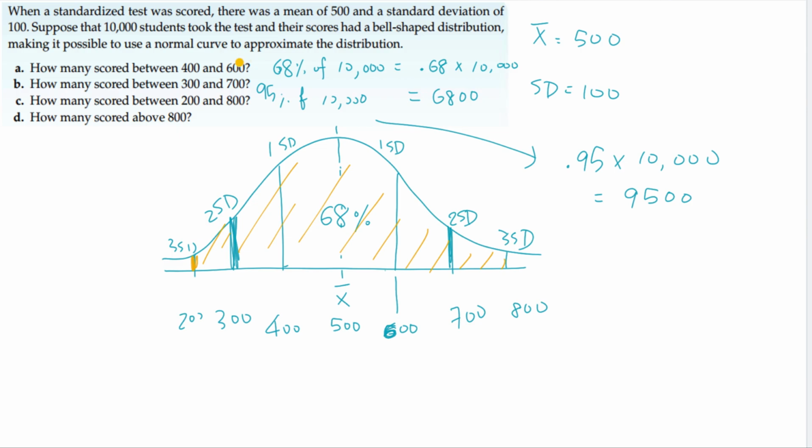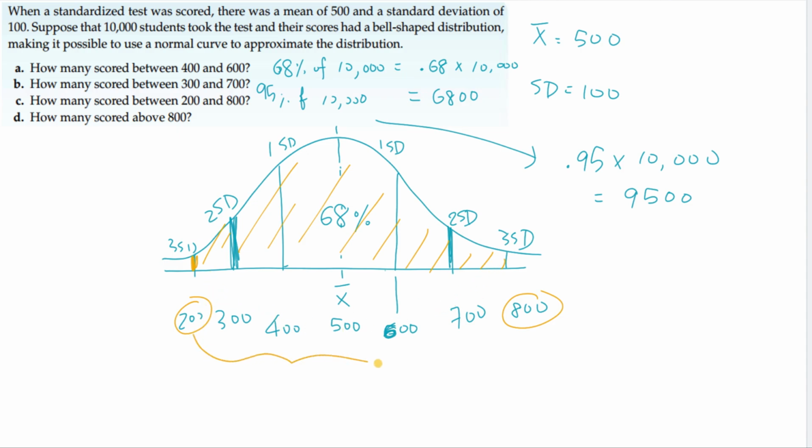How do we find the standard deviation? How many scored within these two numbers? Oh, that's not the question. Hold on. Oh yeah, it is the question for part C. I was looking at D. Okay, for part C, how many scored between 200 and 800? We know the number is 99.7%.